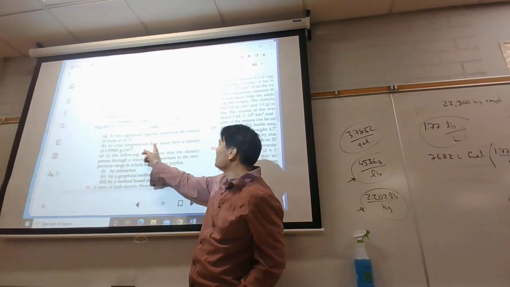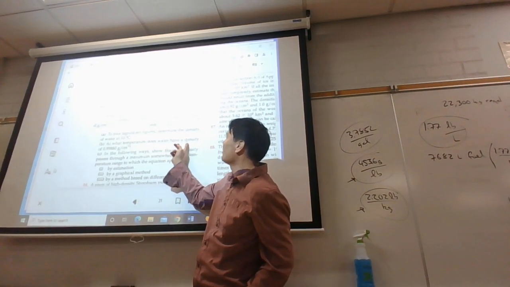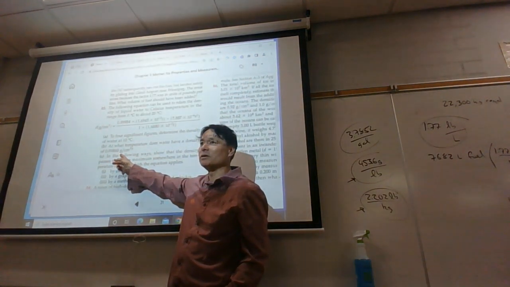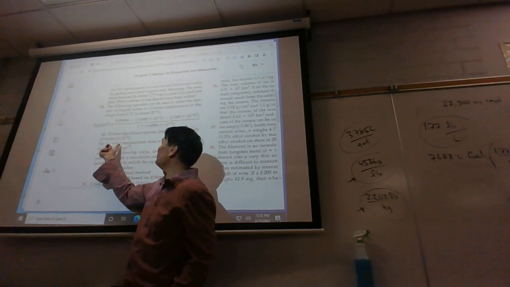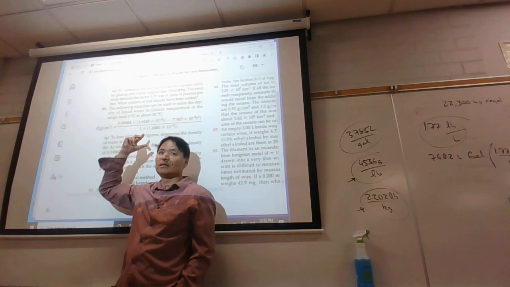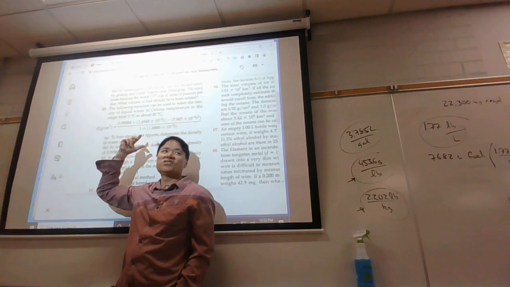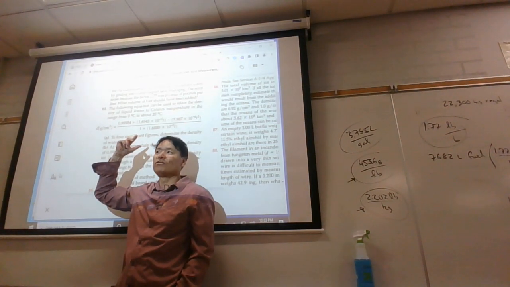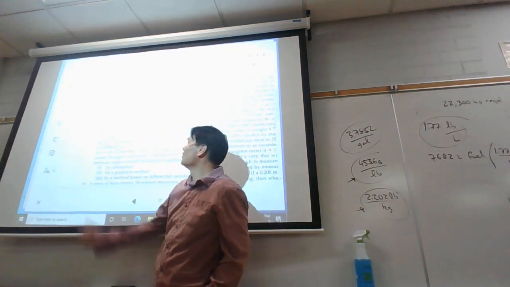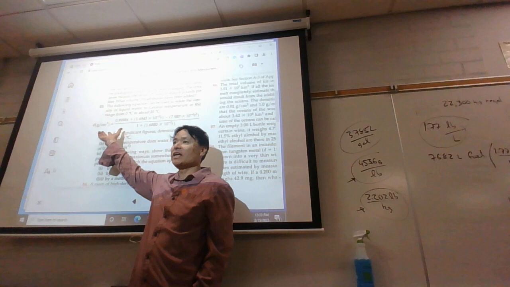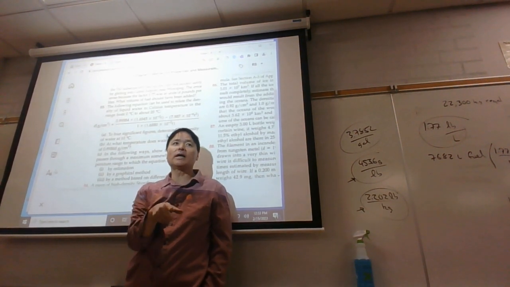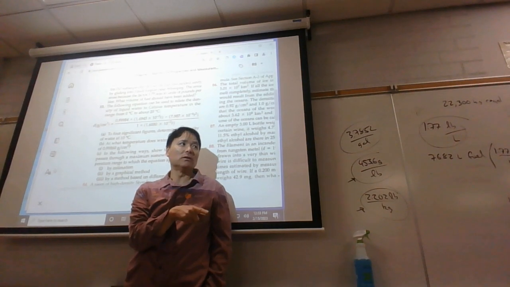B, at what temperature does water have a density of 0.99860 grams per cubic centimeter? And so in part B, we plug in the density here and then solve for T. How do we solve for T? We need to use the quadratic formula to solve for T. And so we have to get this in quadratic form: ax squared plus bx plus c is equal to 0.